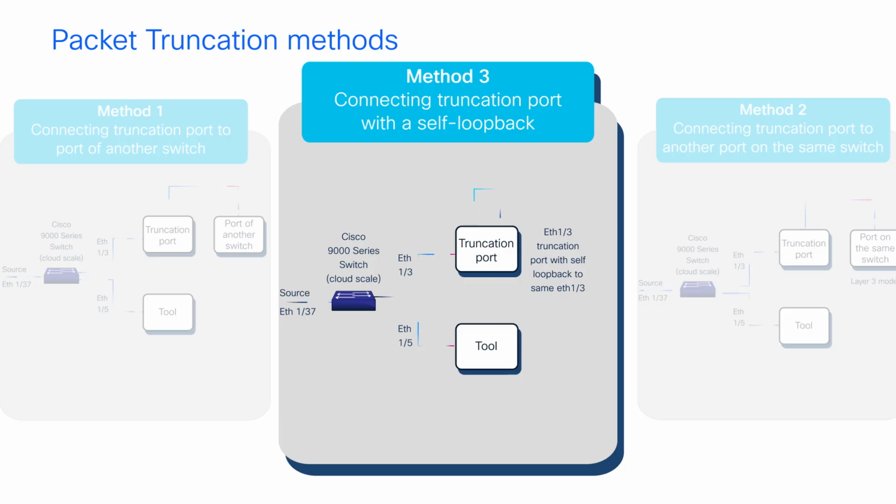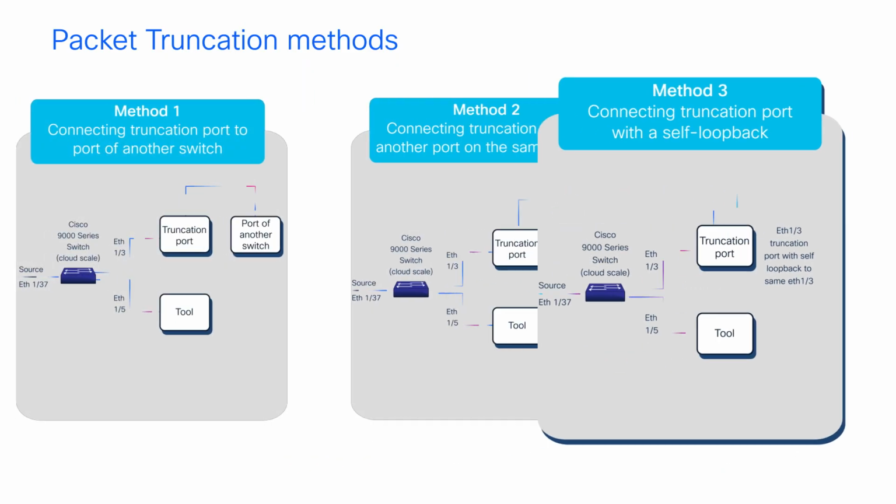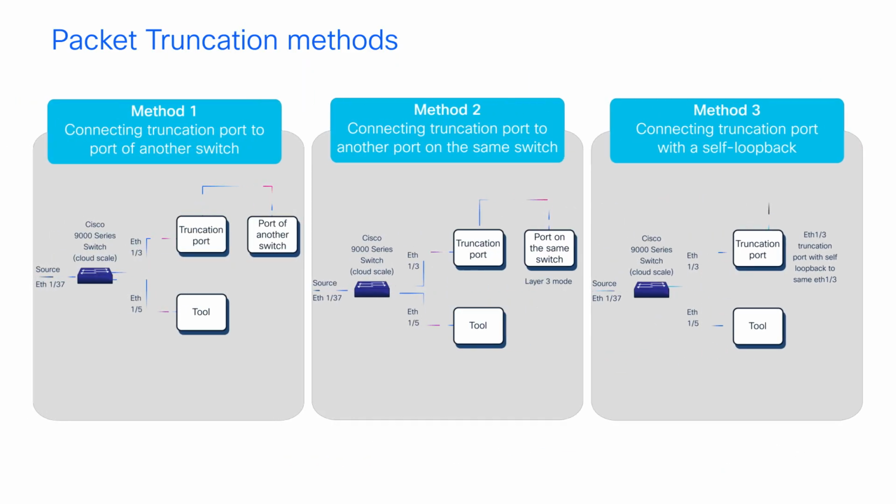What we do is we buy the self loopback module and insert it into Ethernet 1/3. Now Ethernet 1/3 is automatically up because of the self loopback module. So these are the three varieties we have to enable packet truncation.